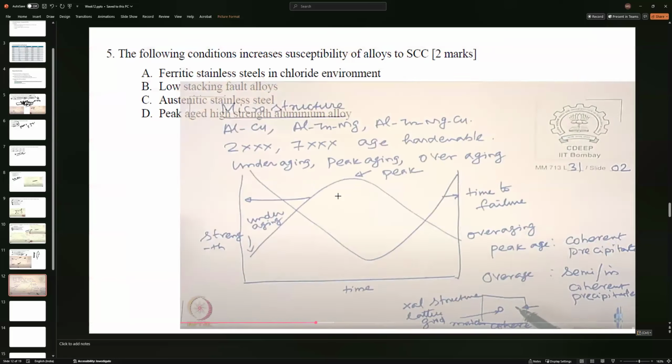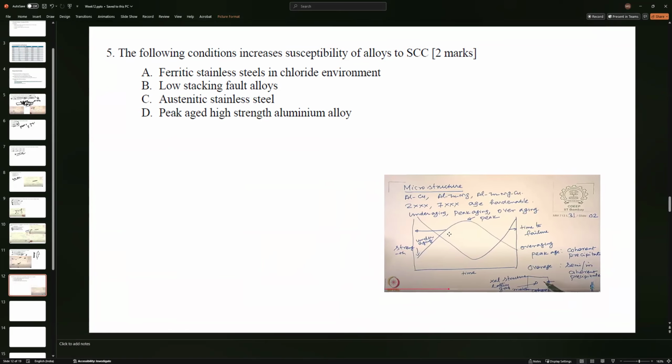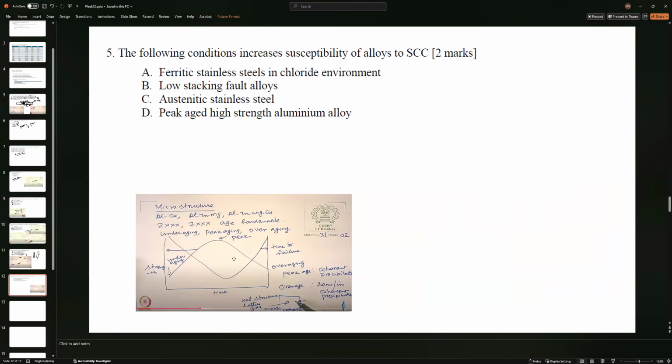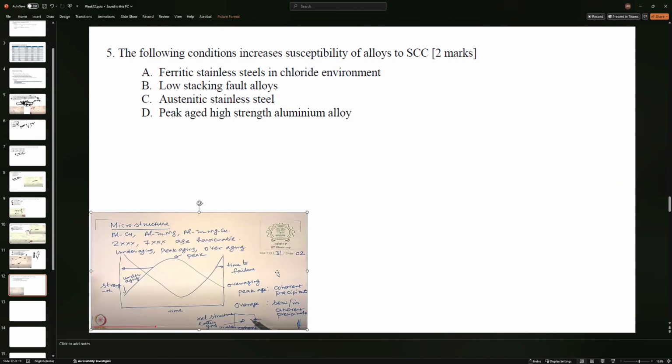It's talking about high strength aluminum alloy. So here you have aging time, strength versus time. This is your maximum peak. So peak aged at this point, time to failure is the least, so it's most susceptible. So this is correct.